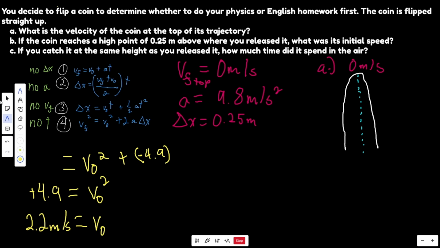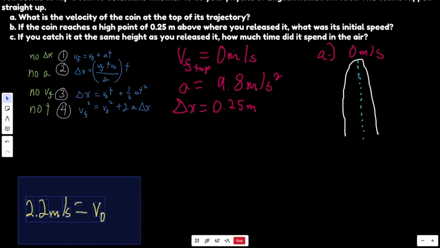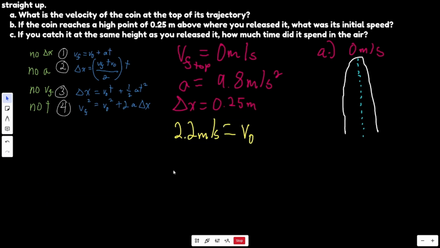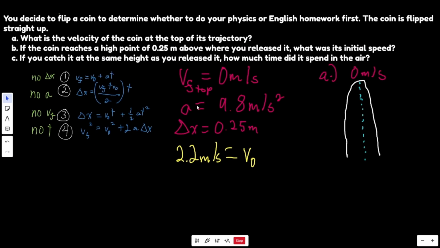So that is our initial velocity. So we used equation 4 since we have the values of final velocity, acceleration, delta x. And we weren't given time, so that's how we know that equation 4 is what needs to be used.